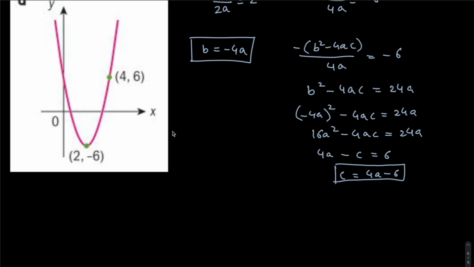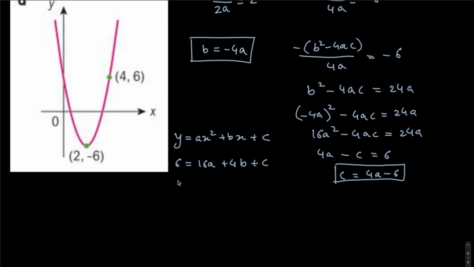So now I'm going to write the original equation, right? So y is equal to ax squared plus bx plus c. I'm going to substitute the value of x and y with 4 and 6 respectively. So what I'm going to have is 6 is equal to 16a plus 4b plus c. Now, I'm going to replace b and c with the relationships in terms of a.